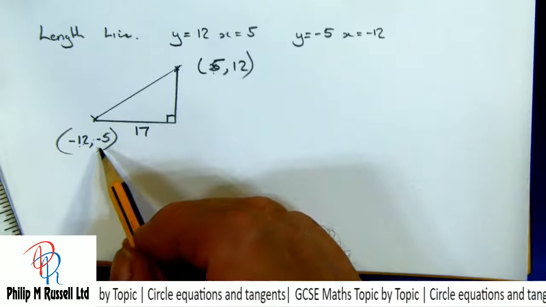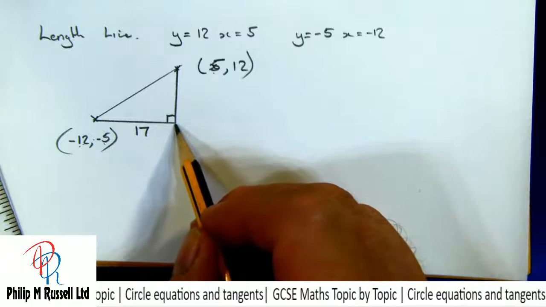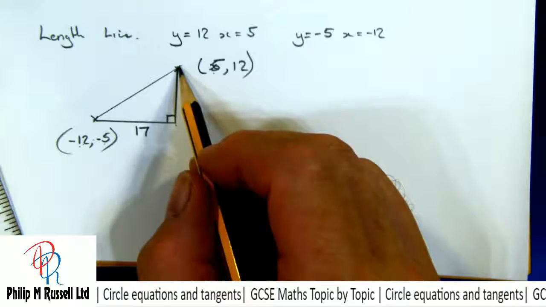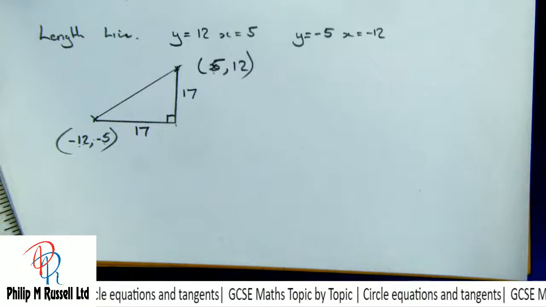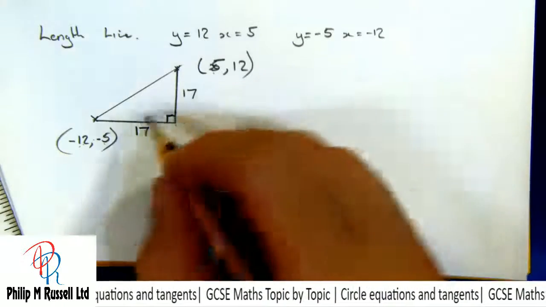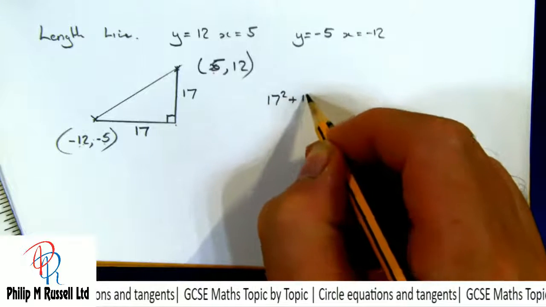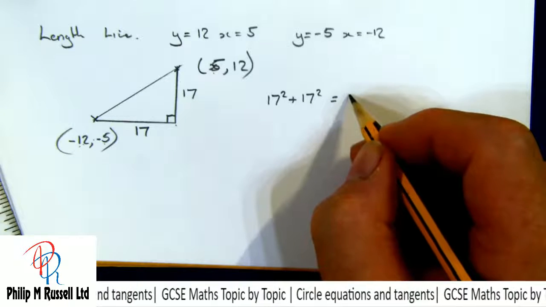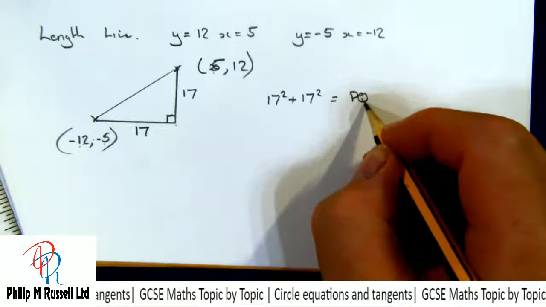And I'm going to go down here from minus 5 up to 12, and that's also going to give me a value of 17. So this Pythagoras is going to be 17 squared plus 17 squared is going to give me my length of PQ squared.